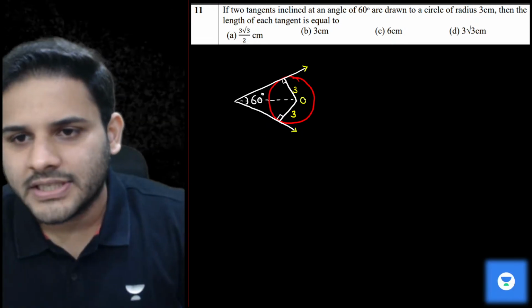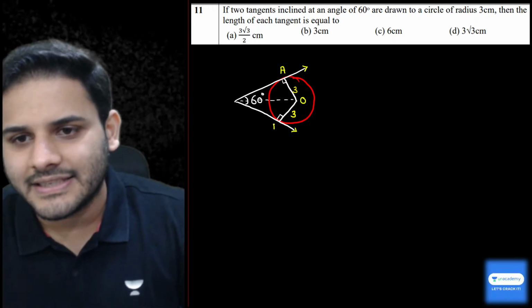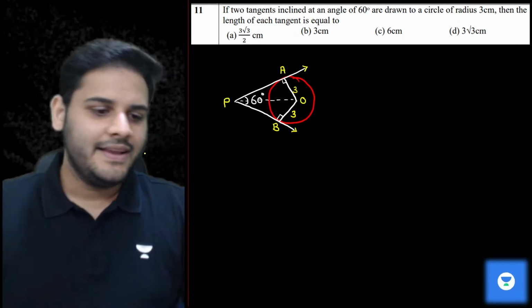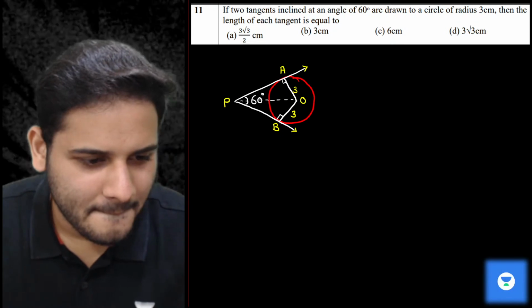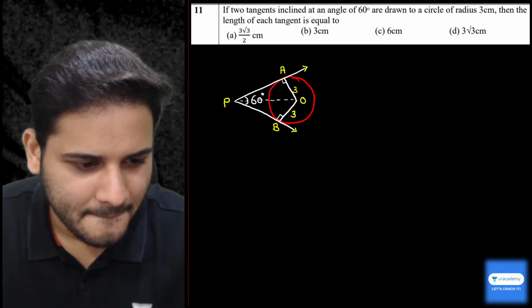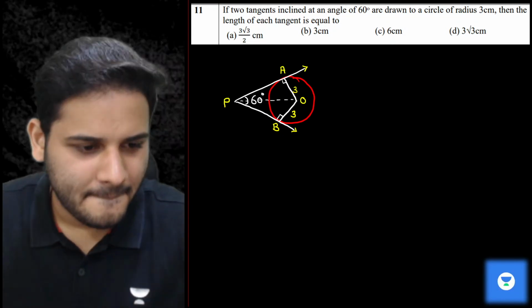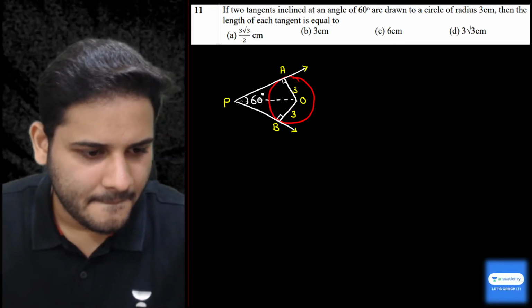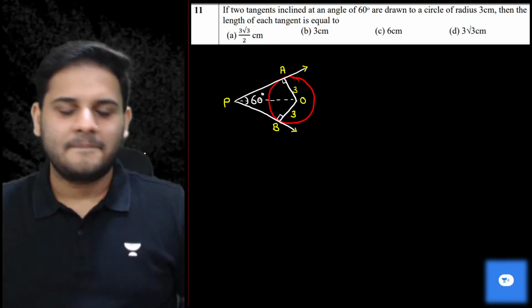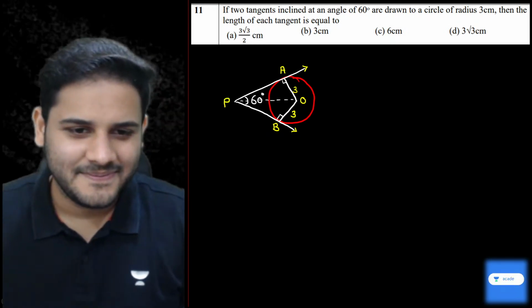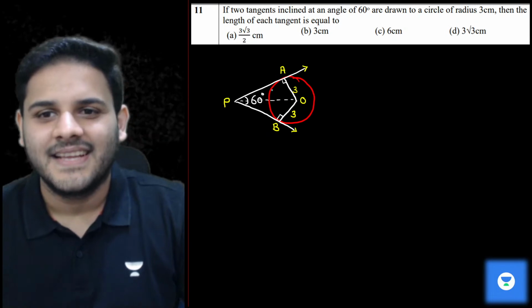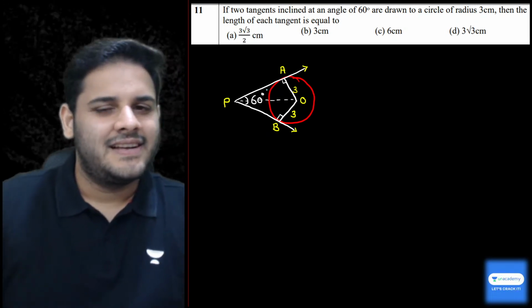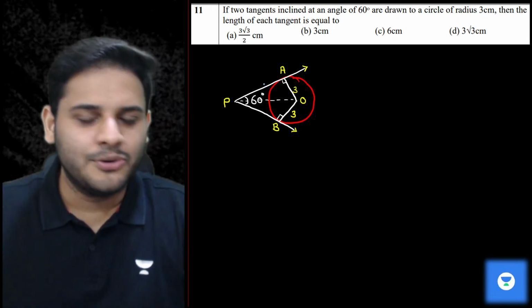Okay, suppose this is point A, this is B, this is P. Alright people. Now, guys, trigonometry is to be used here.